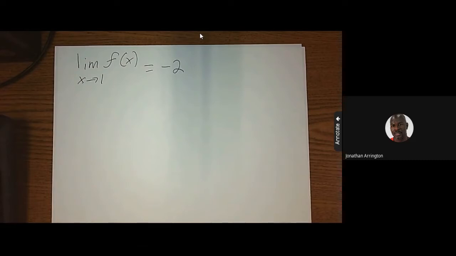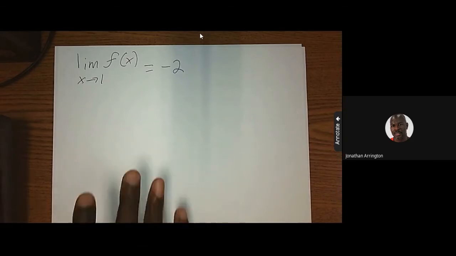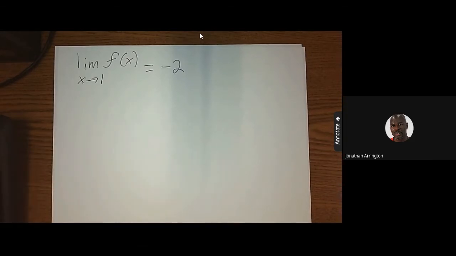And we really need to understand exactly what that statement is saying and what, if any, implications that statement has. So let me tell you what the statement is saying. This statement is saying the limit as x goes to 1 of f of x exists, and it is -2. I think we'll all agree that statement is saying that.